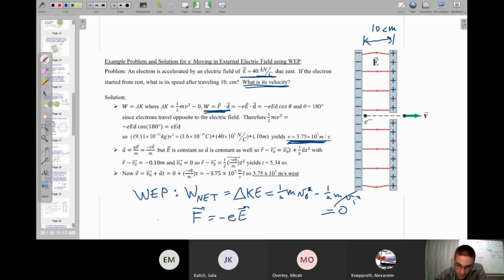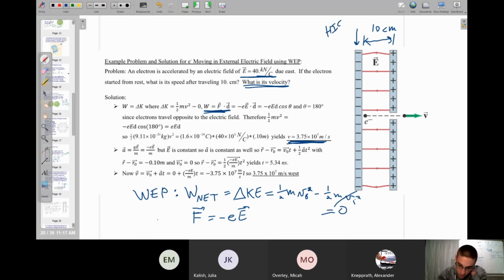Okay, so something else that you should note is that there's another way of talking about this. Instead of electric field lines, you could talk about voltages. Instead of the electric field inducing a force, you could talk about the voltage at this plate, right?